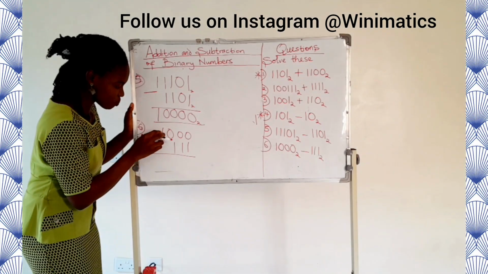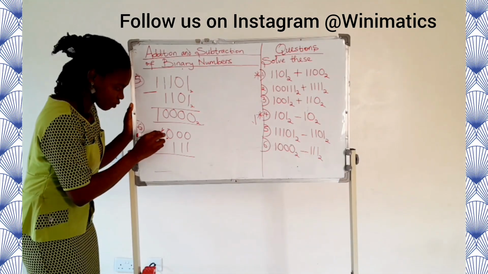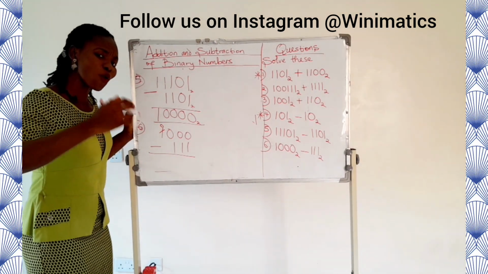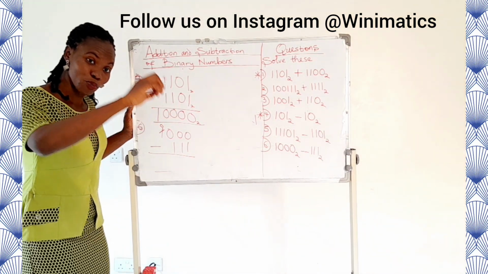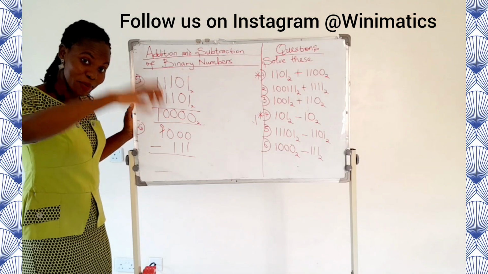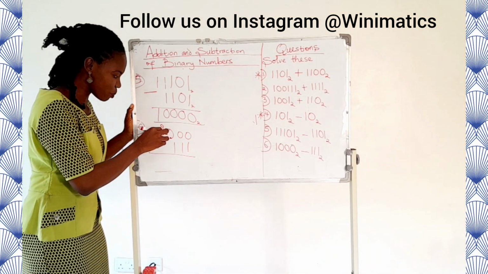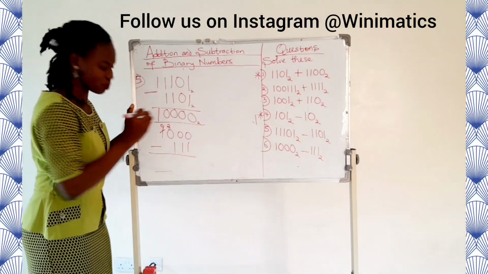This one, we borrow 1 from this. If you take away this 1, nothing will be here again. But because we are working in base 2, whenever you borrow 1, that 1 becomes the base you are working in. Since we are working in base 2, this is binary, if I borrow 1 from this, that 1 will automatically turn to 2.